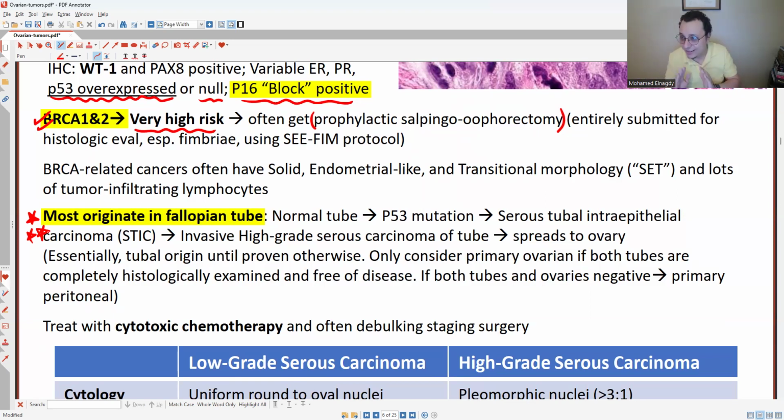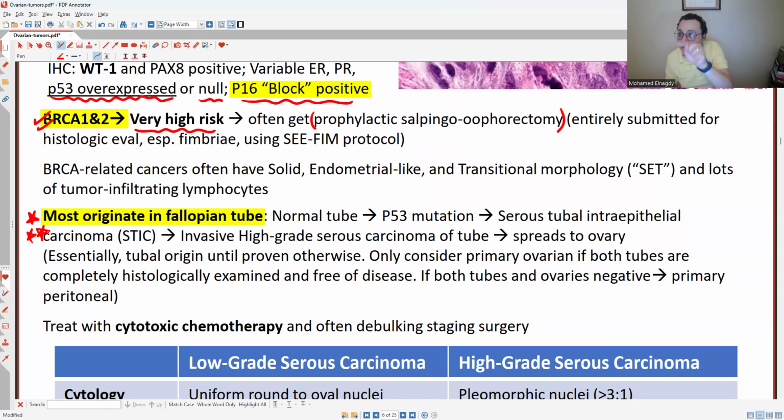And that's why in any salpingo-oophorectomy specimen which turned out to be high-grade serous carcinoma, you need to submit the fallopian tube entirely. And you need to submit thin sections of the fallopian tube to examine under the microscope very carefully.